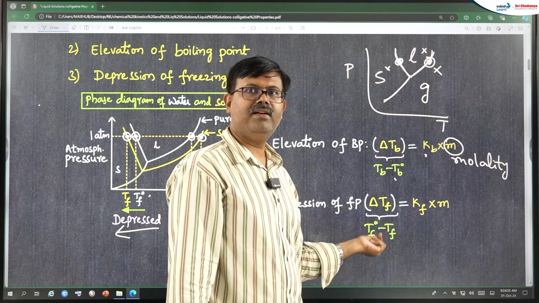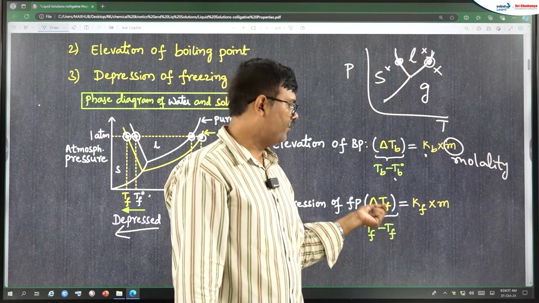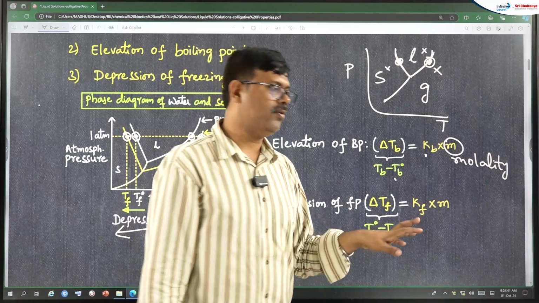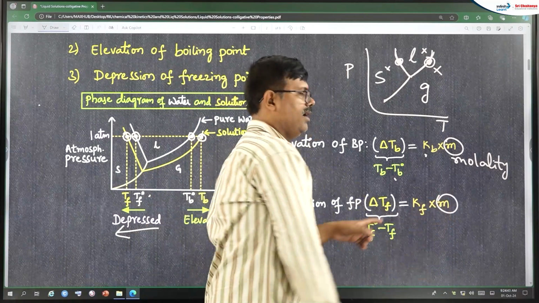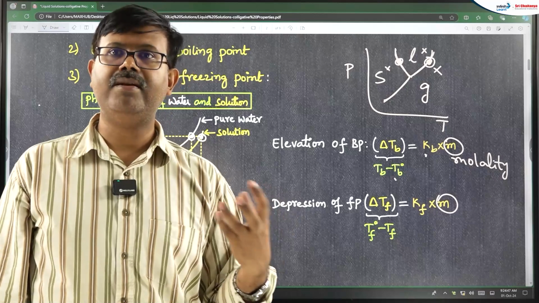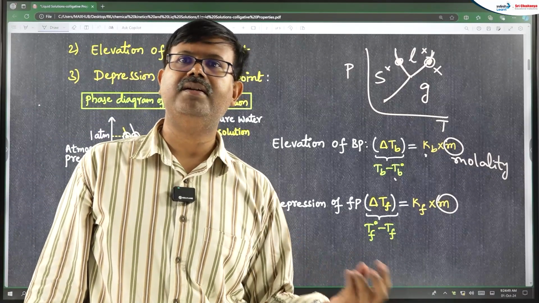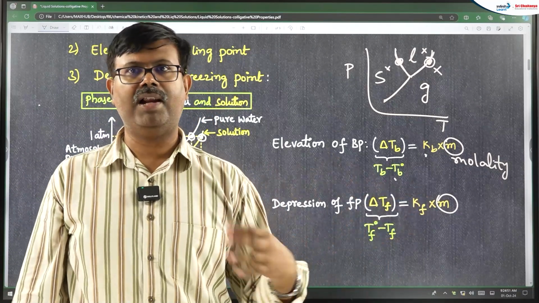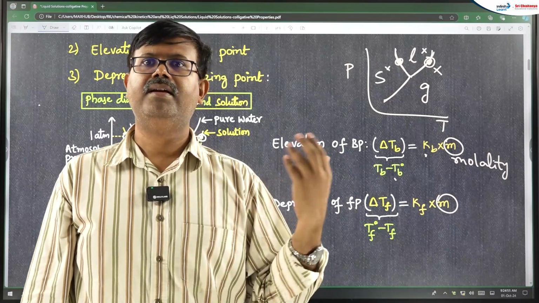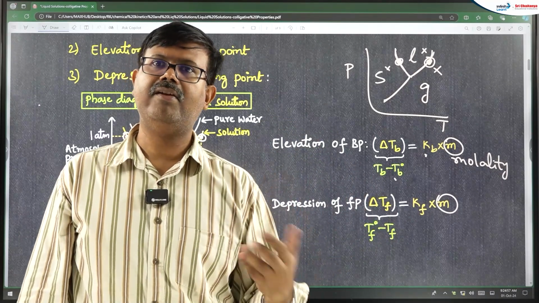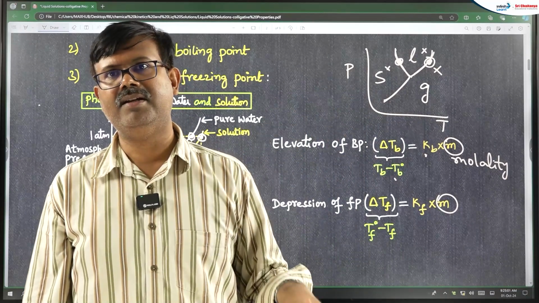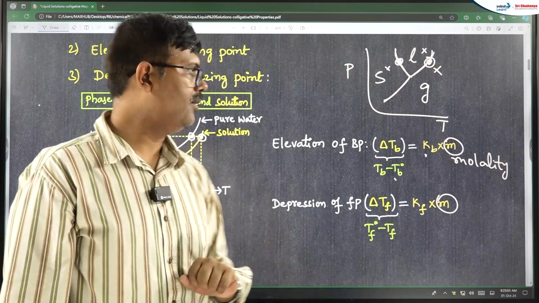So we write it as Tf naught minus Tf. This value will be Kf into molality. Again molality, m. And Kf is again a constant, but this time it is the freezing point constant, into molality. So delta Tb is Kb into molality and delta Tf is Kf into molality. But that is elevation, and this is depression of freezing point.